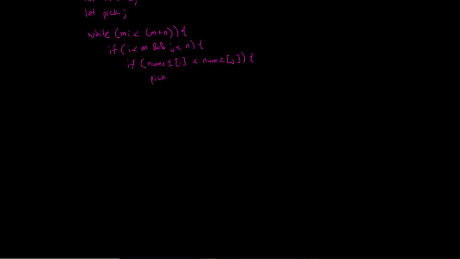So pick equals nums1[i], but then we want to go to the next i, so we can pick it and increment at the same time. This is as good as saying pick equals nums1[i], and then later on increment i plus plus. It's the same.